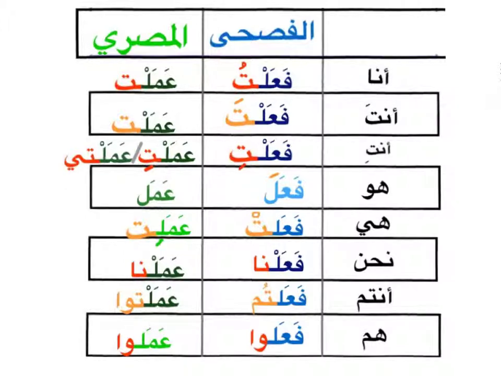So أنا فعلت, أنا عملت, أنت فعلت, أنت عملت, أنتِ فعلتِ, أنتِ عملتِ, هو فعل, هو عمل, هي فعلت, هي عملت, نحن فعلنا, نحن عملنا, أنتم فعلتم, أنتوا عملتوا, هم فعلوا, هم عملوا.